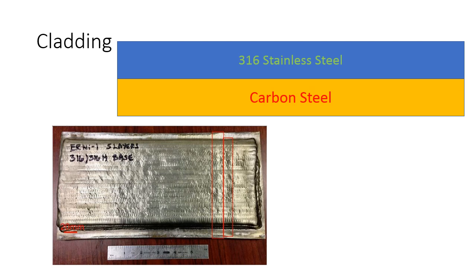So you can just go in there and clad it. So here we've got a situation where hypothetically we're putting 316 stainless steel over a carbon steel. Whether or not that's actually used, I don't know, but that would be an example.